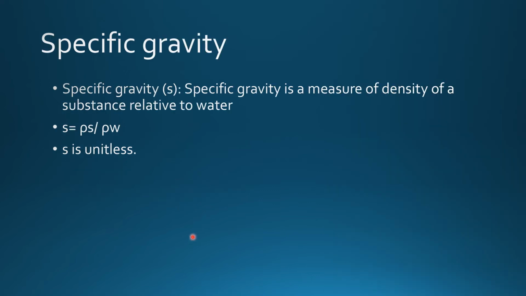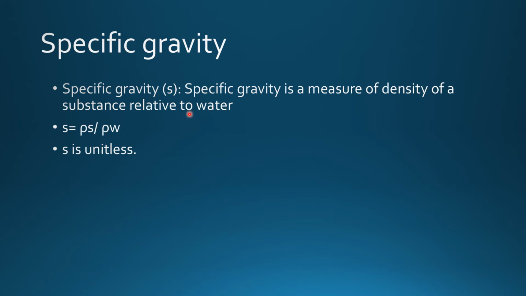Another terminology we use in hydrostatics is specific gravity. So what is specific gravity? It is actually another measure of density, but it is a measure of density relative to water. Okay, so the density of steel relative to water, density of mercury relative to water, density of concrete relative to water.